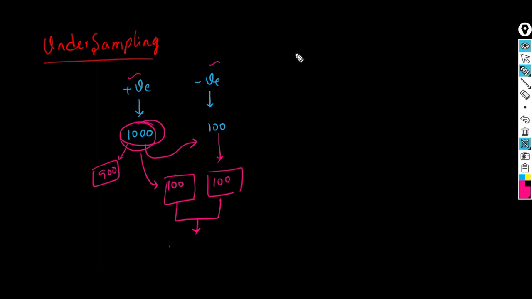Let's see one more approach. Let's go with the oversampling approach. In oversampling, let's also consider that for the positive class we have 1,000 points, and for the negative class we have 100 points. It's quite the opposite of undersampling.